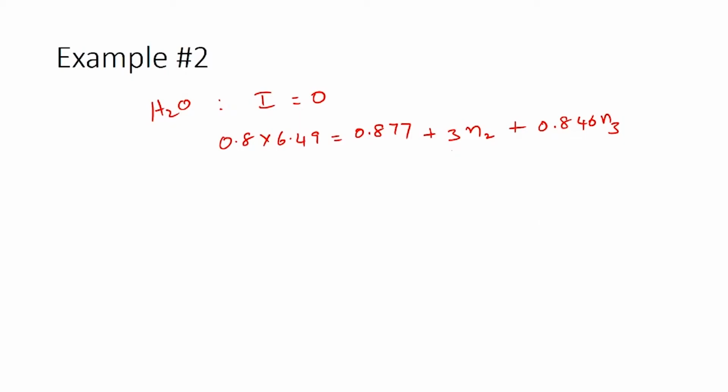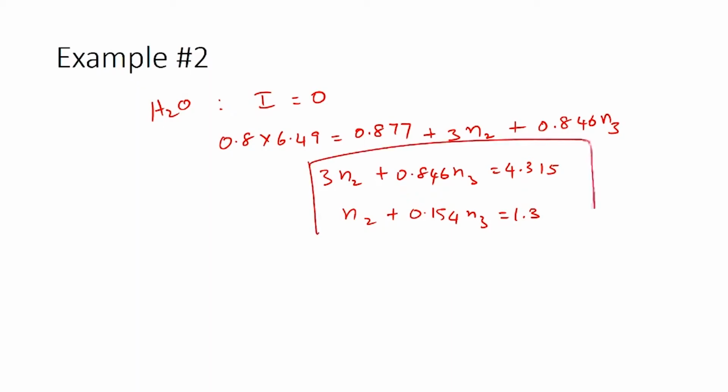So, now we have an equation which simplifies to 3N2 plus 0.846 N3 equals 4.315. We already had an equation where it was N2 plus 0.154 N3 equals 1.3. Using these two equations we can solve for N2 and N3 simultaneously. So, N2 would be equal to 1.13 kilomoles per hour and N3 would be equal to 1.095 kilomoles per hour.